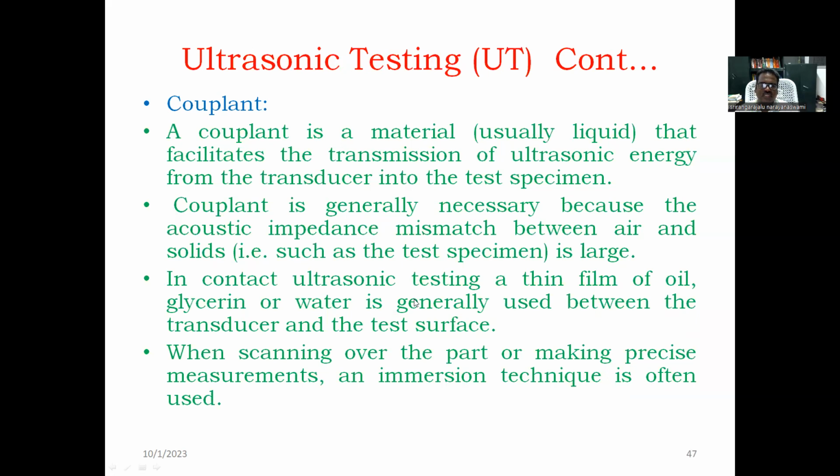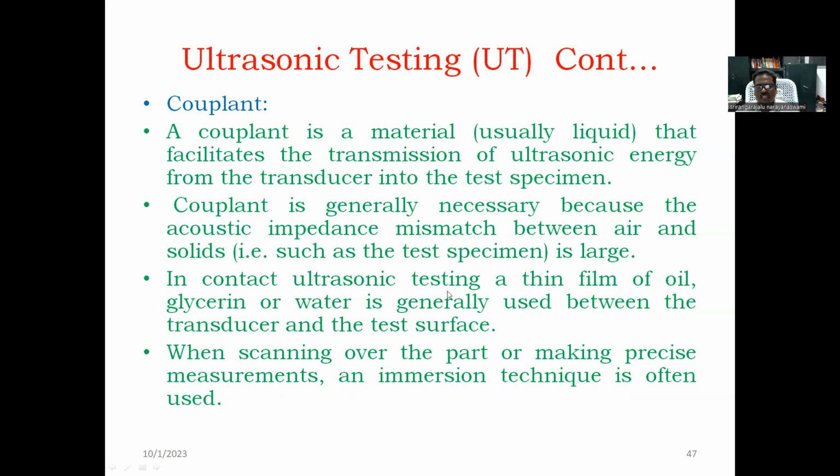What is the ultrasonic testing couplant? The couplant is a material, usually liquid, that facilitates the transmission of ultrasonic energy from the transducer into the test specimen. A couplant is generally necessary because the acoustic impedance mismatch between air and solids, such as the test specimen, is large.